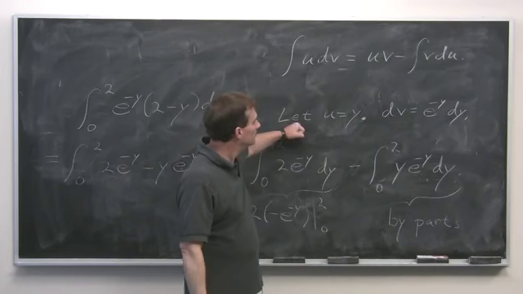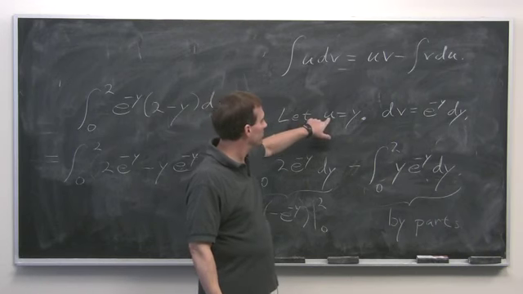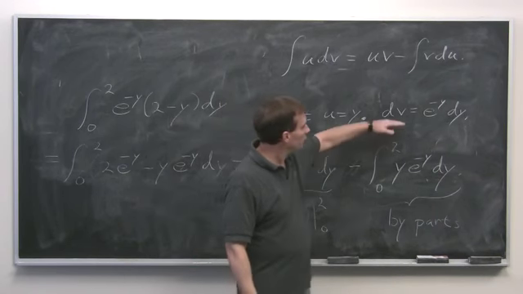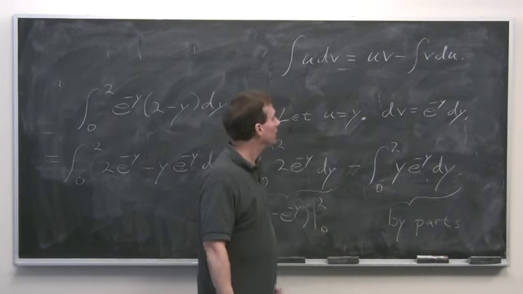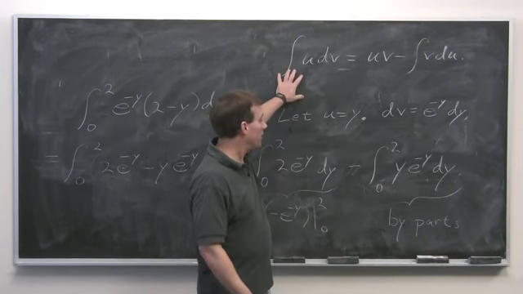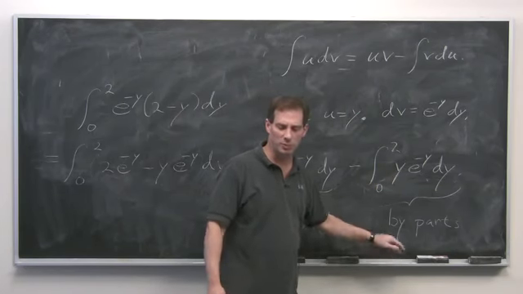And this choice will enable you to do this. You now find that du is dy. You find that v is minus e to the minus y. And you apply integration by parts, and you can do this integral. But I'm going to leave that for you to do.